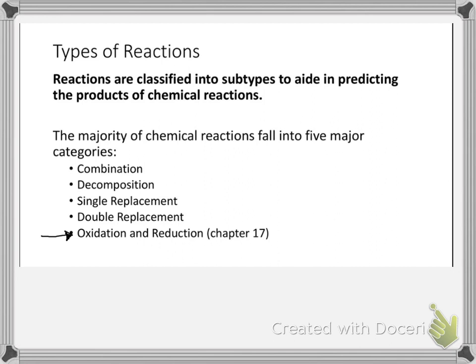It's covered in Chapter 17, so we won't be identifying oxidation and reduction ourselves. This is just a quick introduction to different types of reactions and the observations we're going to be making. Now there'll be a video on the different types of reactions, and so you can look at those individually.